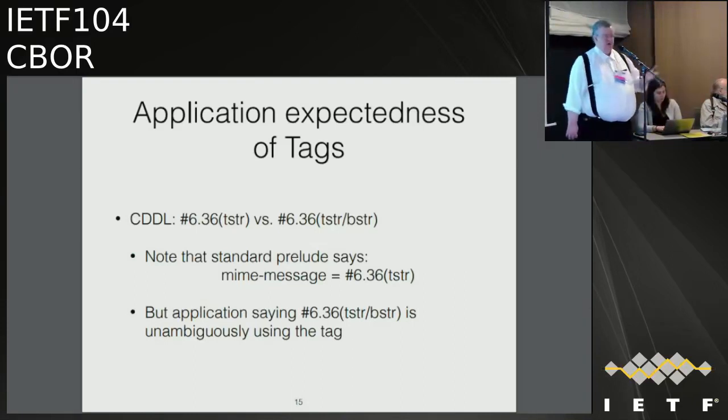And in the end, you're right, the application makes the call. But as Jim said, now we are making the interface between the generic encoder and the application significantly more complicated, because you now need to be able to tell the generic encoder use this tag, but don't use the other tag.